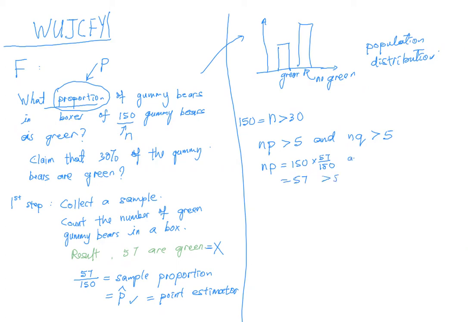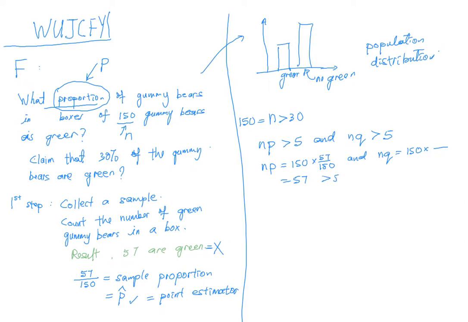And both must be satisfied, so now nq. This is 150 times q, and q is 1 minus p, correct? Because you have only two situations: either green or not green.